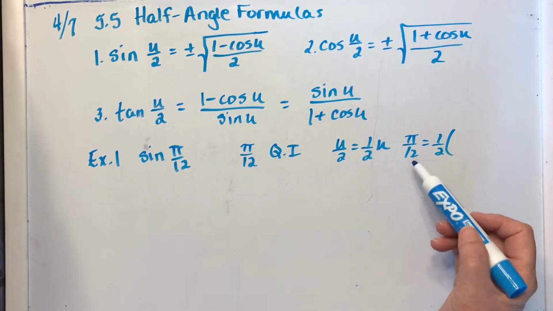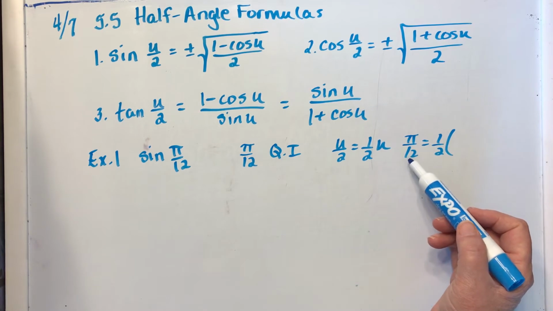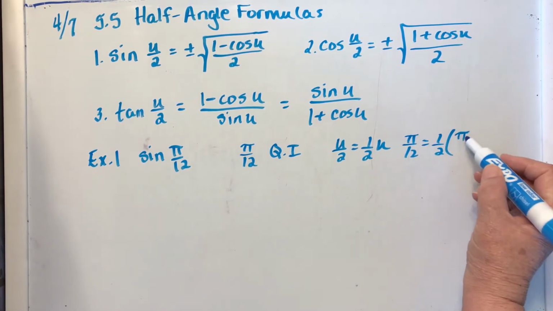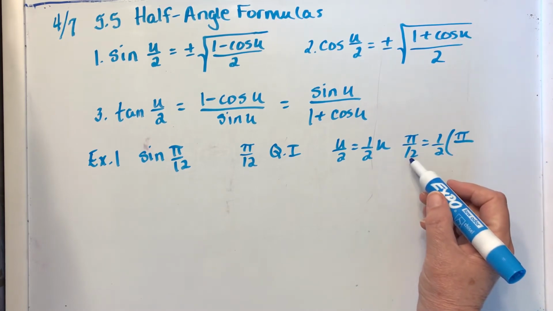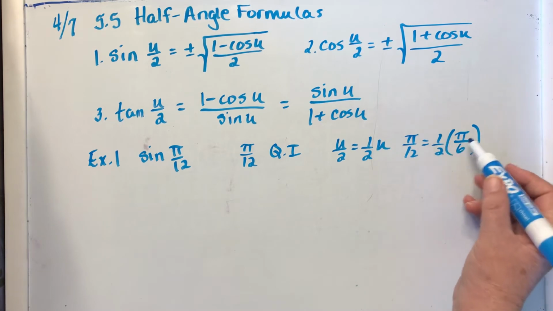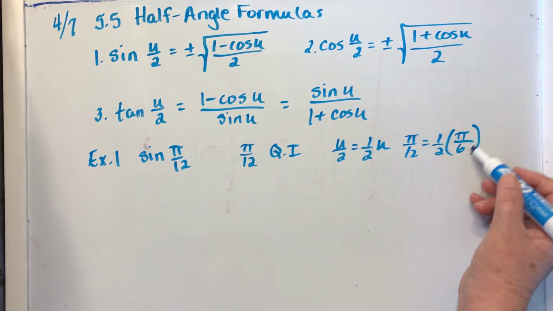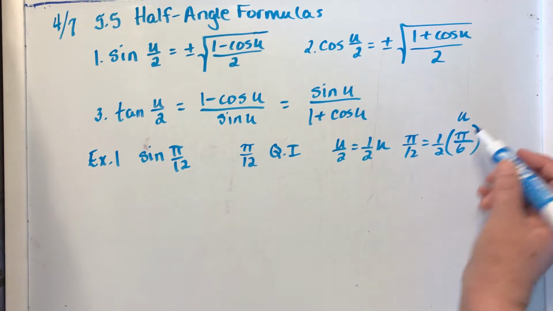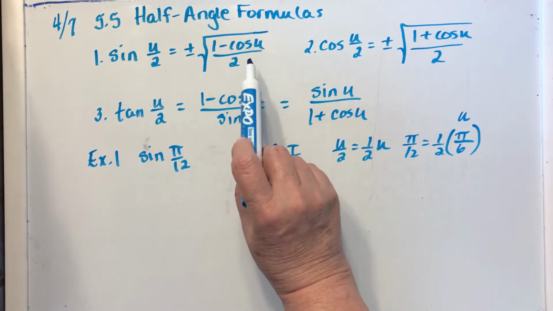All you're ever going to do is take that denominator and divide it by 2. The numerator is just going to stay the same. So this will be pi. Divide your denominator by 2, we get 6. So pi over 12 is just 1/2 of pi over 6, because this angle is our angle u that we're going to be using in our formula.